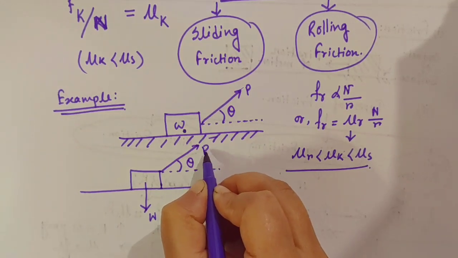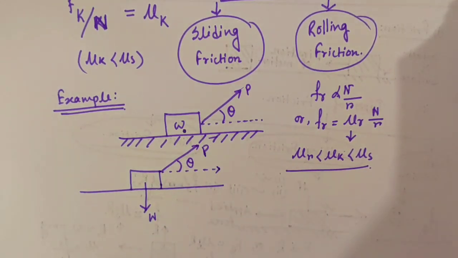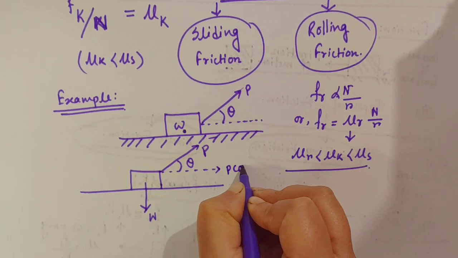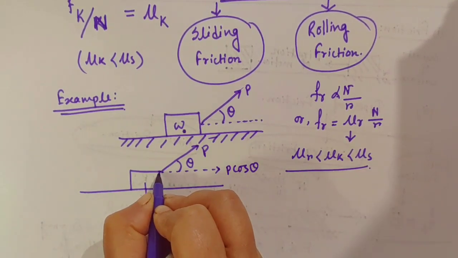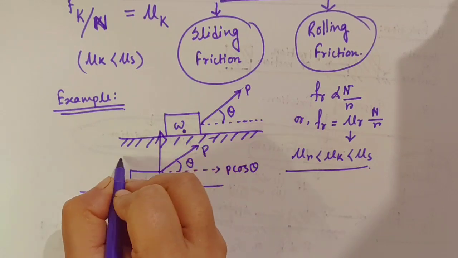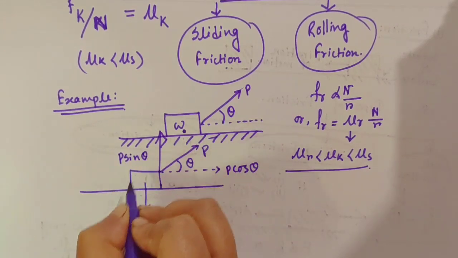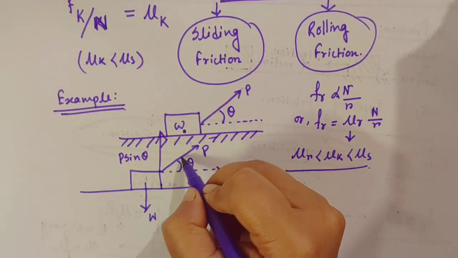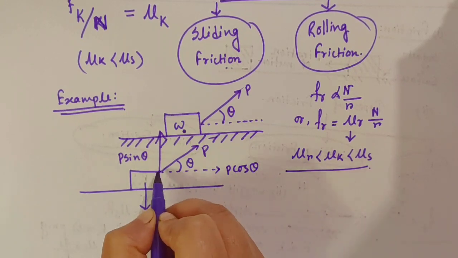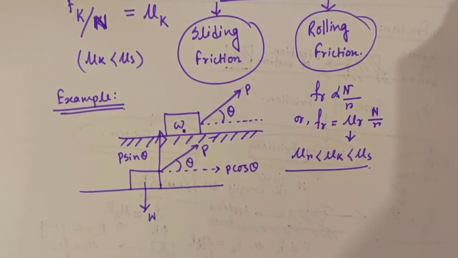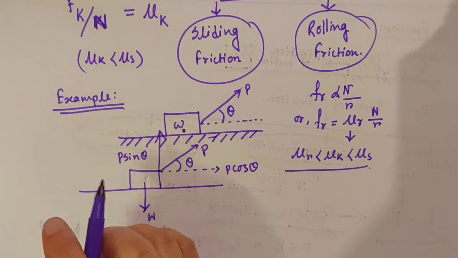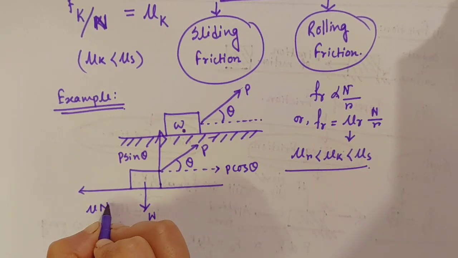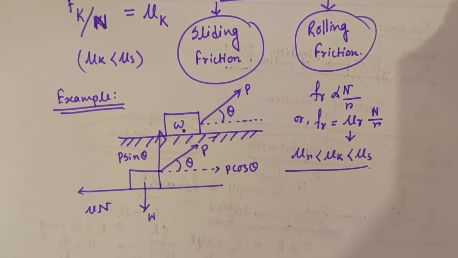The horizontal component of this force is P cos theta and vertical component of this P is P sin theta. We know all these from vector. Clear? So up to this is clear and we have to write the frictional force is equal to mu N.